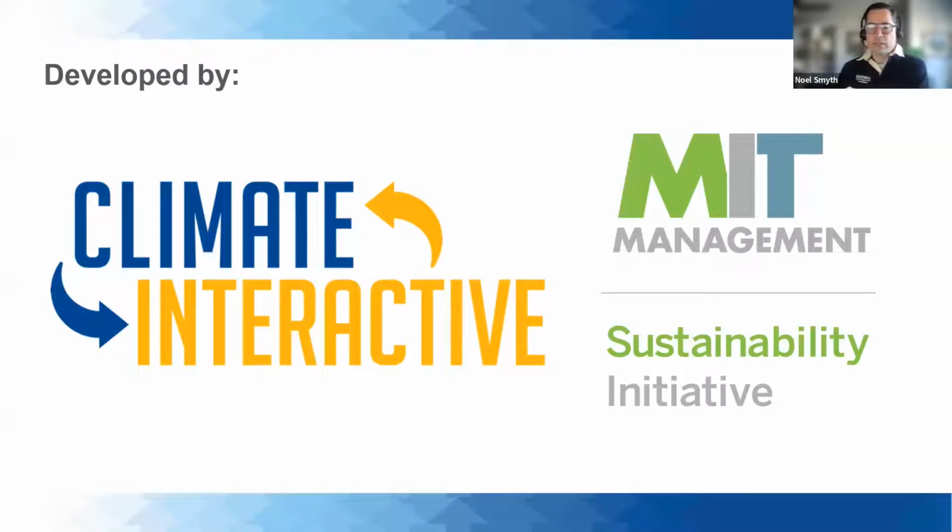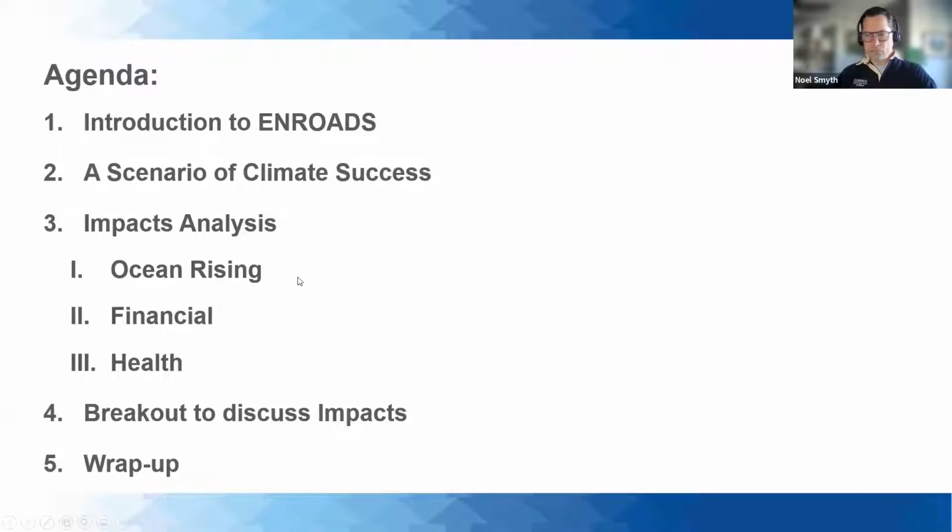So we're going to use an interactive tool called ENROADS. It's developed by Climate Interactive, a leading nonprofit climate and energy think tank, in partnership with the MIT Sloan Sustainability Initiative. Our agenda today is a brief introduction to ENROADS. We're going to talk about a scenario of climate success, so all of the policy levers associated with hitting 1.5 or thereabouts with the temperature impact.